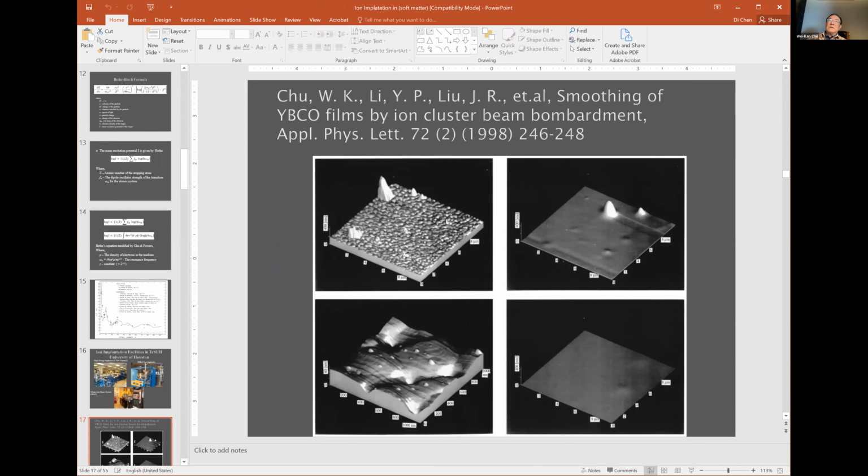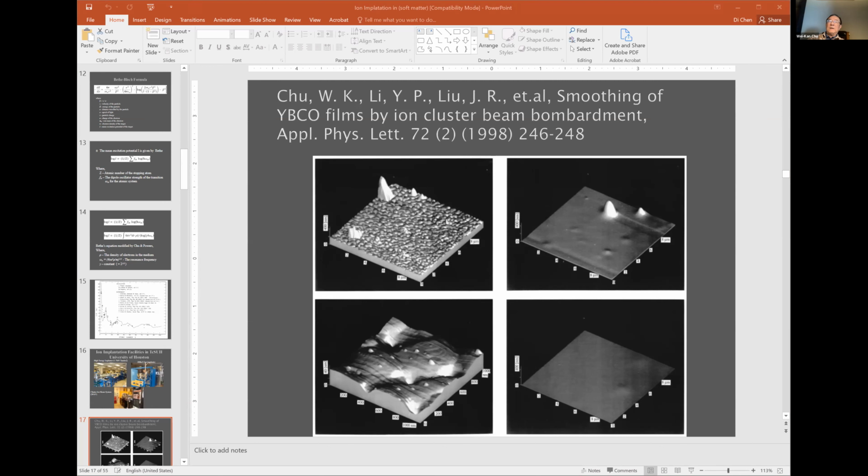This machine will smooth the sample down to 1 nanometer. On the upper left figure, this is a film of superconductor. It's a single crystal film. When you deposit a single crystal on a substrate, although it's a single crystal, due to the nature of crystal growth, the surface is very bumpy, like an orange peel.